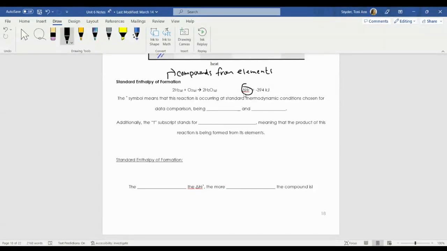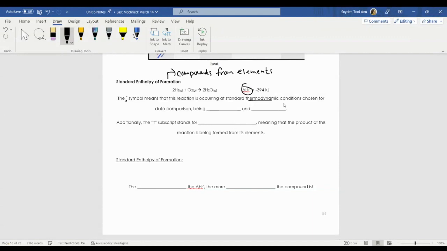So the change, of course, is the change in the enthalpy. The H is enthalpy. This F stands for formation. So it's just the formation of the compound from its elements. And this little knot, I kind of wrote over it, but we'll see it there. That knot symbol means that this reaction is occurring at standard thermodynamic conditions, not at STP.